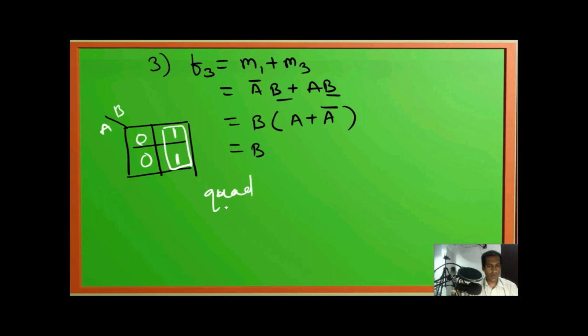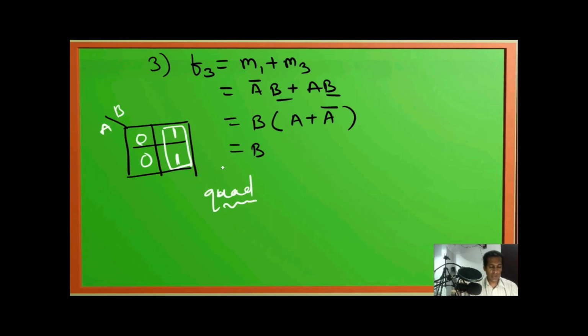So to read the square on the map after minimization, we consider only those variables which remain constant throughout the square and ignore the variables which are varying. Then we write the non-complemented variable if the variable remains constant as a 1. Okay, so like this we can read.